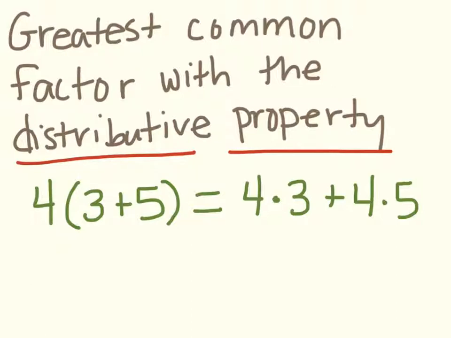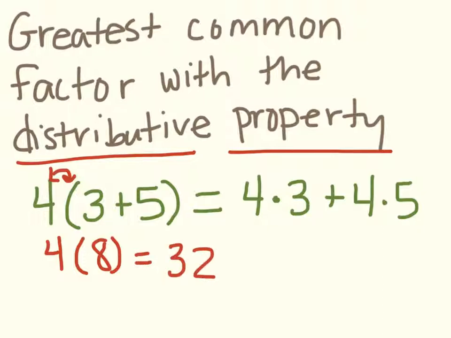Let's work it out so I can prove to you that it's true. Following the rules of order of operations, we would add what's inside the parentheses first, getting 8, and then multiply by 4. Whenever you have a 4 right next to a parenthesis like this, it's telling you to multiply. 4 times 8 equals 32.